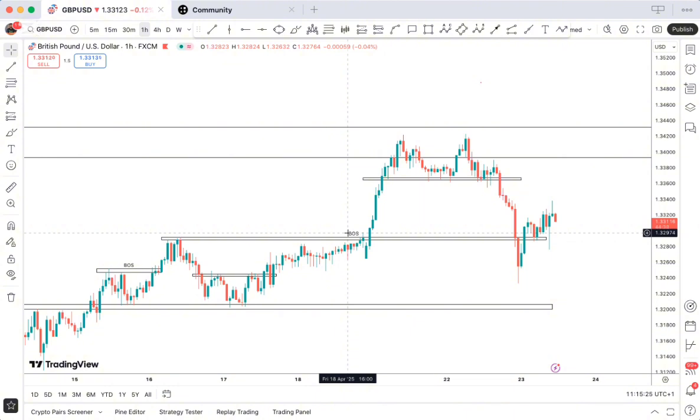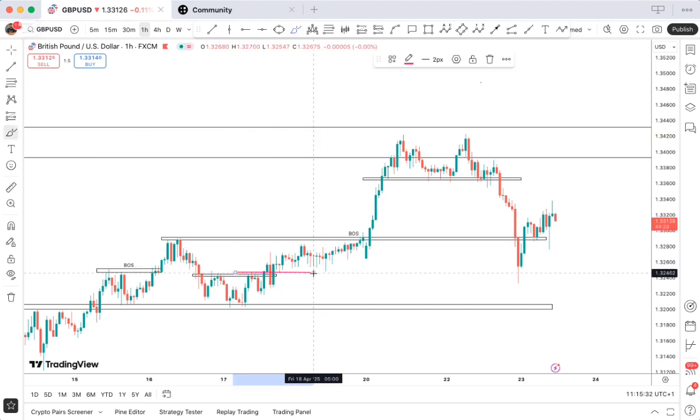For example, I took a buy on this pair last week. I took a buy from here and I used my normal risk, which is 1% risk, right? So I placed a buy from here.